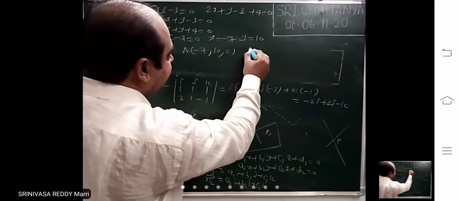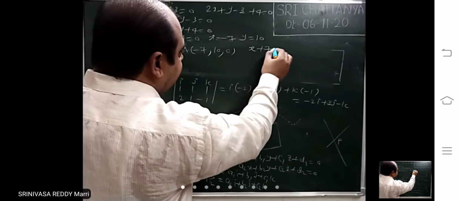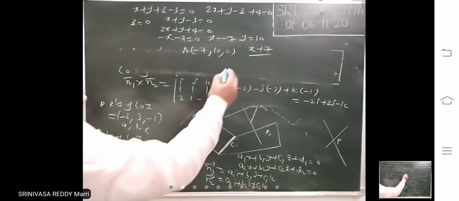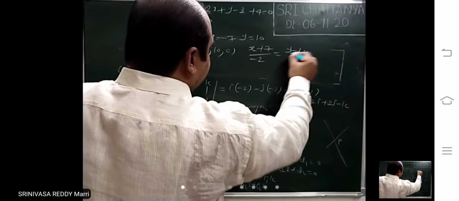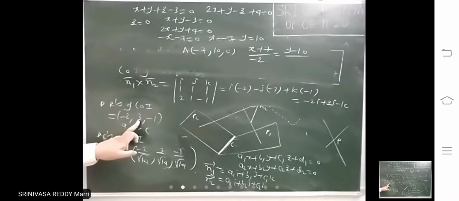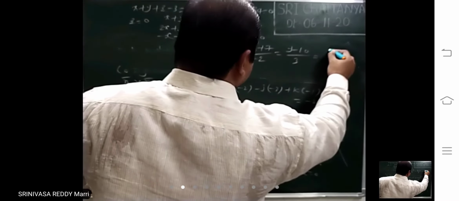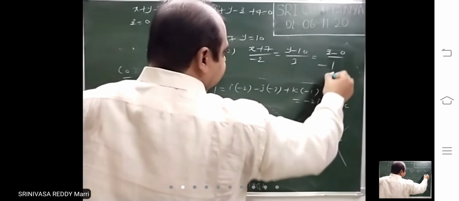Therefore, the equation of the line is x plus 7 divided by the DRs. The DRs are minus 2, 3, minus 1. So x plus 7 divided by minus 2 equals y minus 10 divided by 3 equals z minus 0 divided by minus 1.